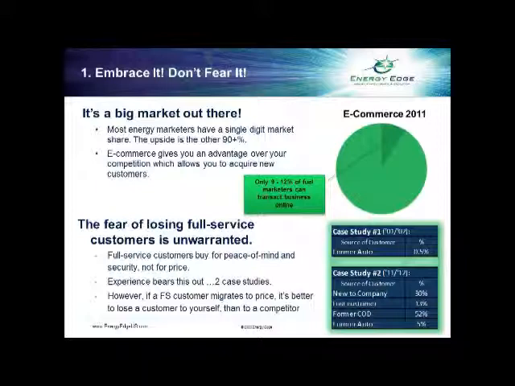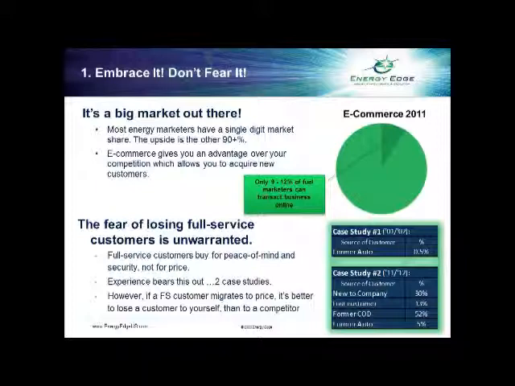Fact of the matter is most companies are serving less than 10% of their available market. So your market share is less than 10%, meaning that there's 90% or more customers that are buying the types of products that you're selling that are not buying them from you. So you have a huge opportunity.